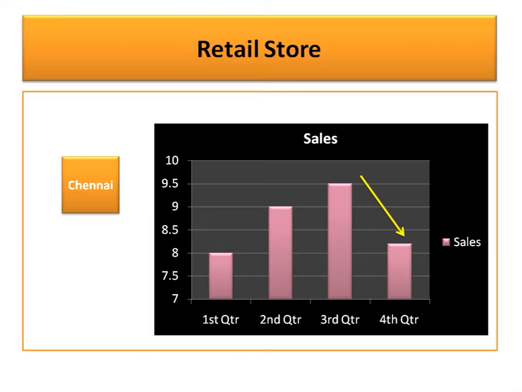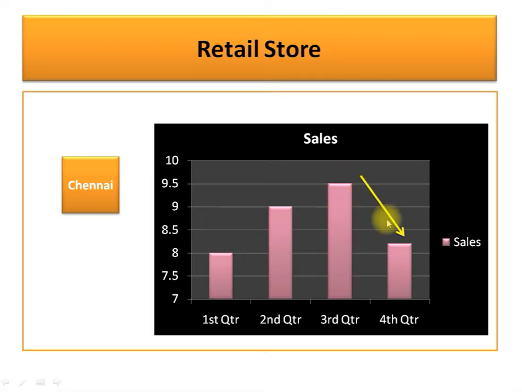How will they do it? With this data, in the third quarter the sales are around 9.5. When you go to the fourth quarter, it is half of the third quarter's sales.